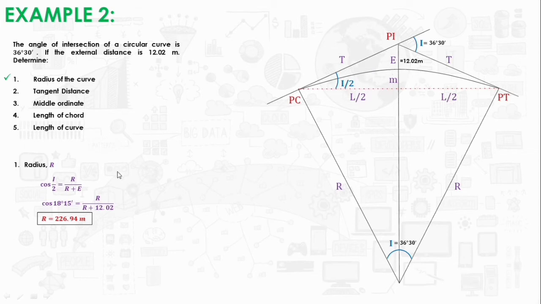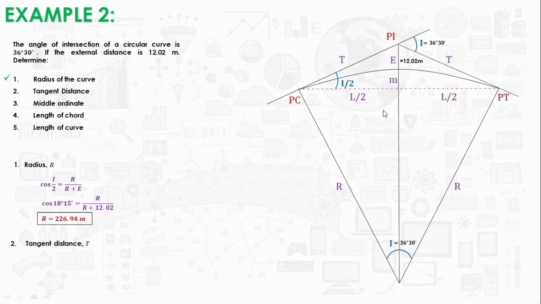So how do we find the tangent distance T? We can use the same right triangle that we used earlier to get R. What trigonometric function can we use?